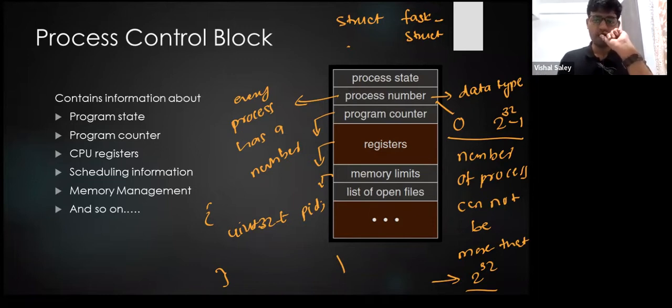So now you have multiple processes. Let's assume we have 3 processes. Again, when I'm saying processes now, it means they are there in the memory. They have all this information for them.